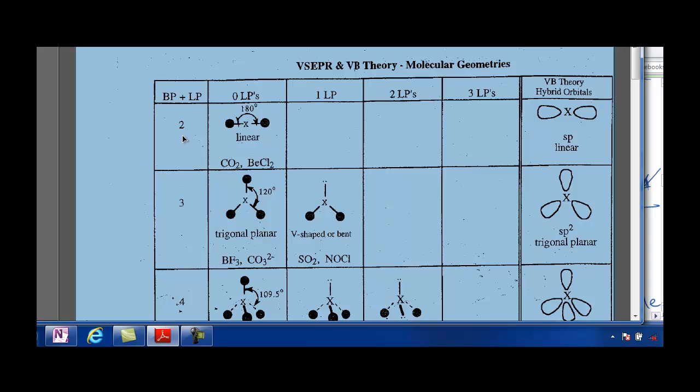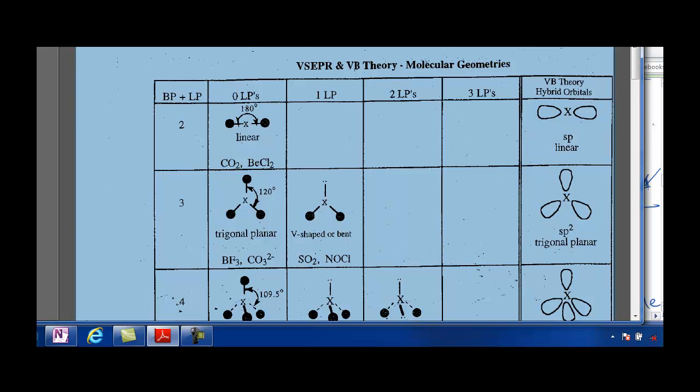So 1 plus 1 is 2. So CO2, or actually BeCl2, do all the other ones for homework, are also linear. Electronic geometry linear, molecular geometry linear. Are we okay with CO2, molecular and electronic geometry? Okay, so CO2 obeys the octet rule.